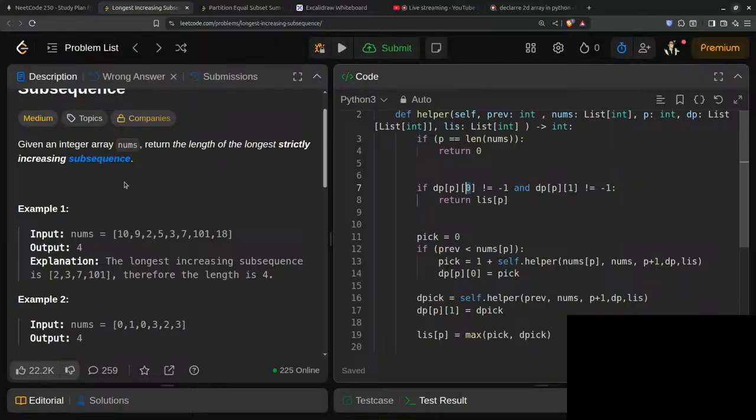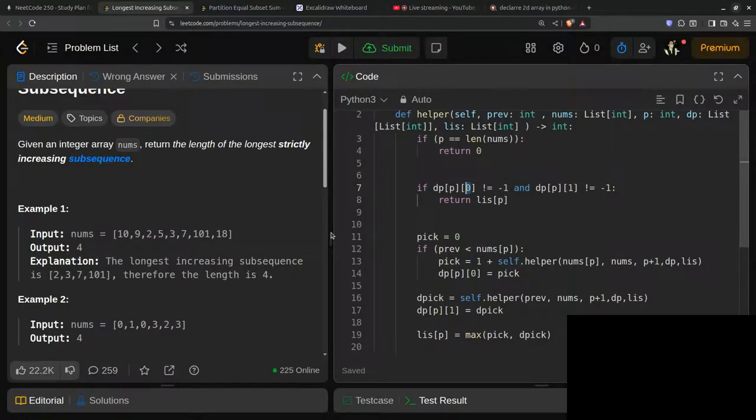Then I have to try one approach that I had in mind initially. I guess this approach needs a little, okay, I'm not sure what's happening.